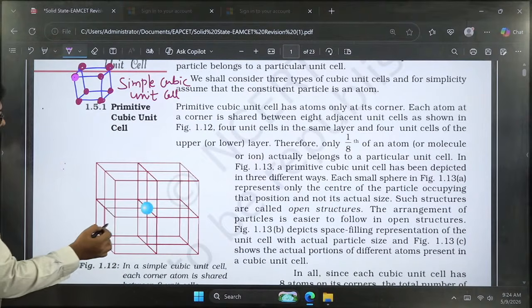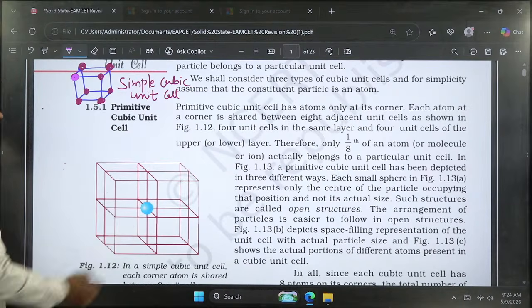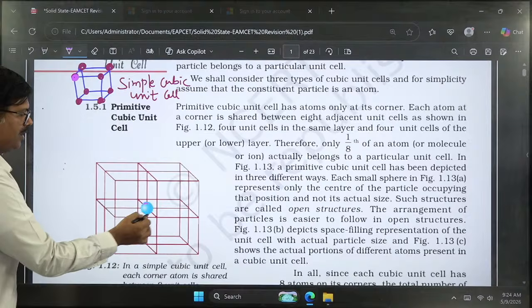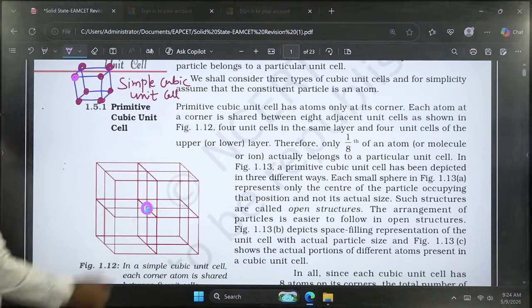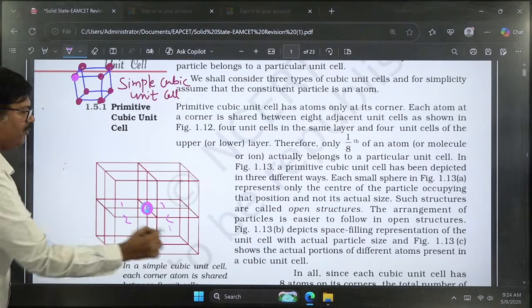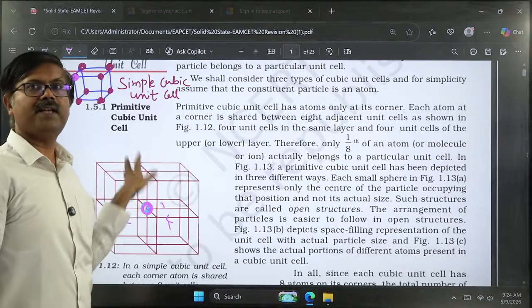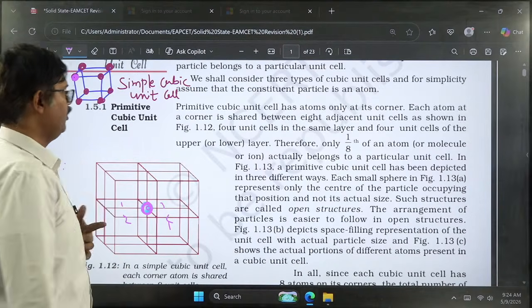If you notice, how many cubes are there? There are 8 cubes. For 4 cubes, 1, 2, 3, 4, it is the top corner, and for 4 cubes it is the bottom corner. So it is actually shared between 8 unit cells.